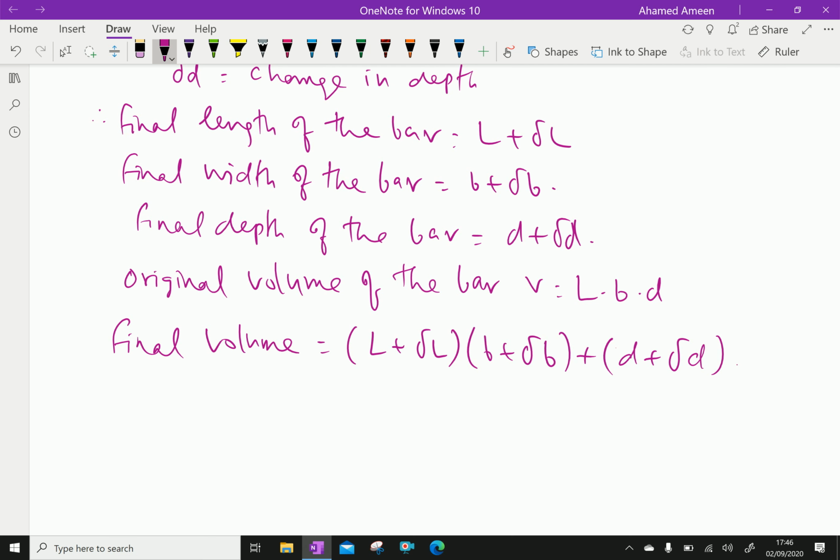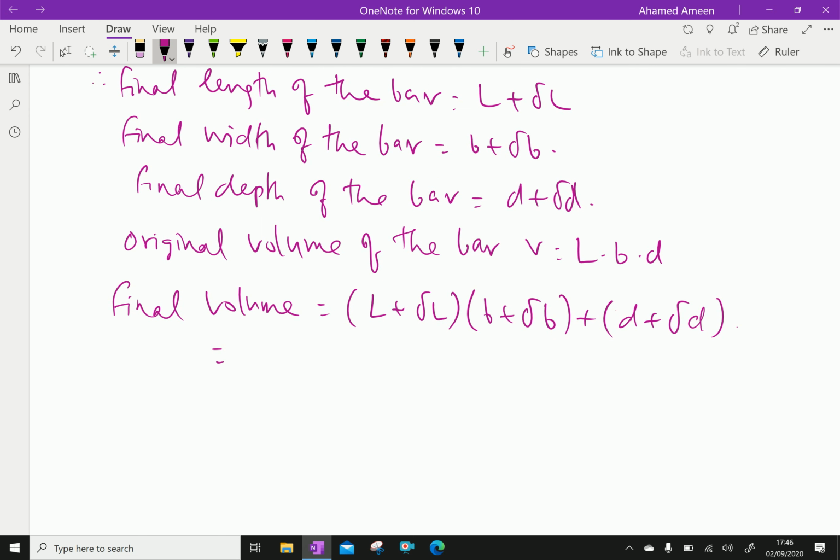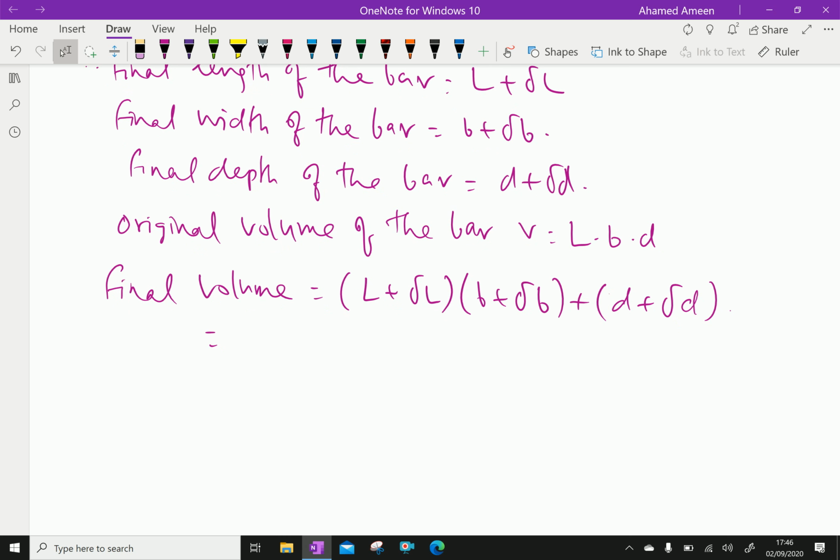Now, by multiplying, ignoring the product of small quantities, that means we are ignoring, for example, delta L into delta B and delta B into delta D, these very small quantities are ignored.